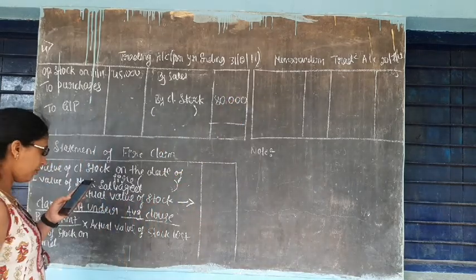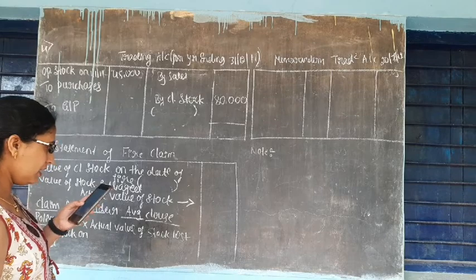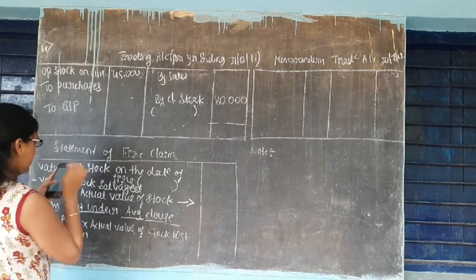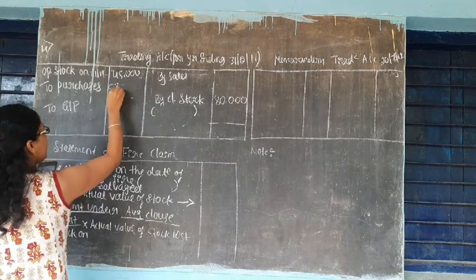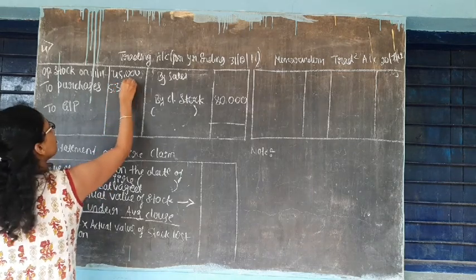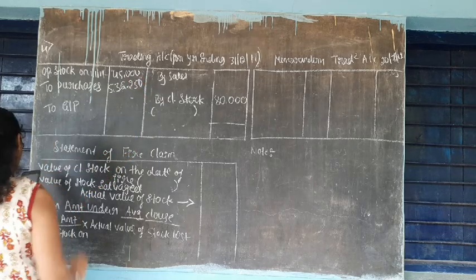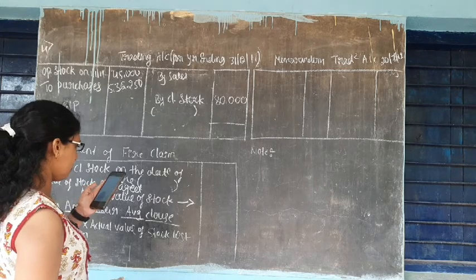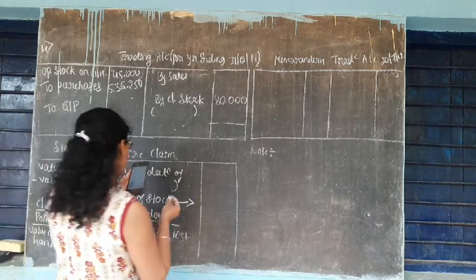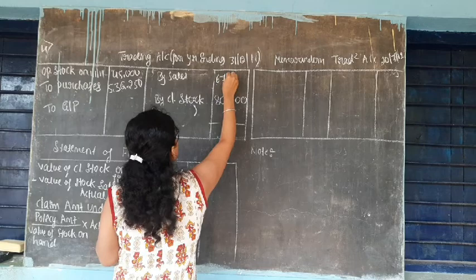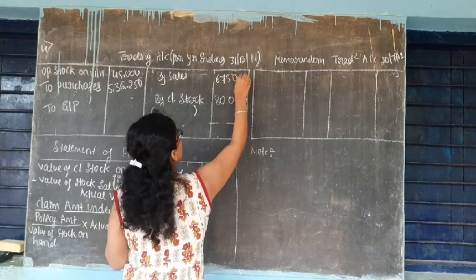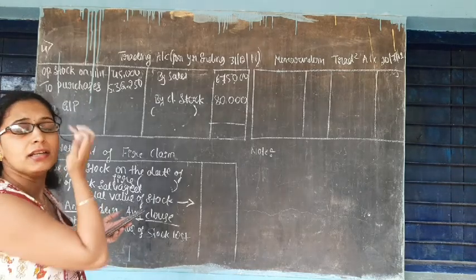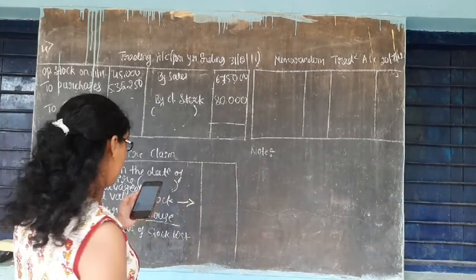The next point is purchases during the year 2011, that is 5,36,250. And sales during the year is given, that is 6,75,000. There is no purchase return, no sales return, and no other direct expenses given.